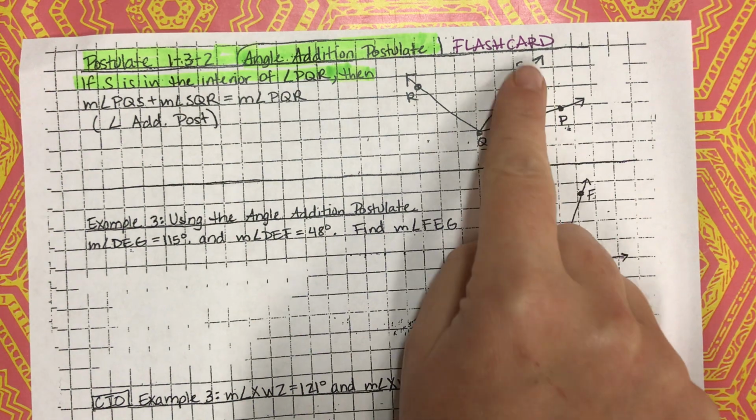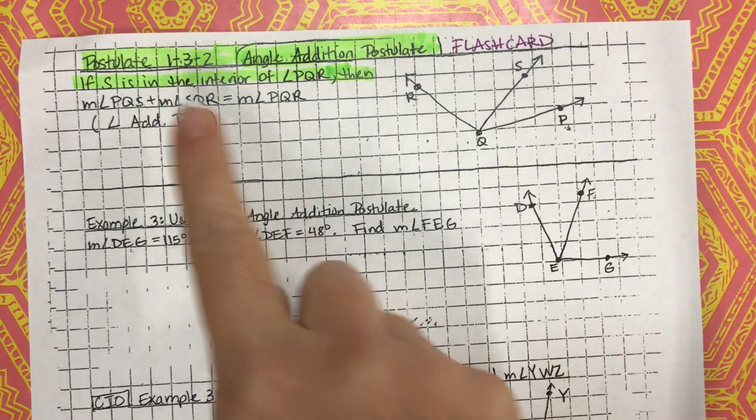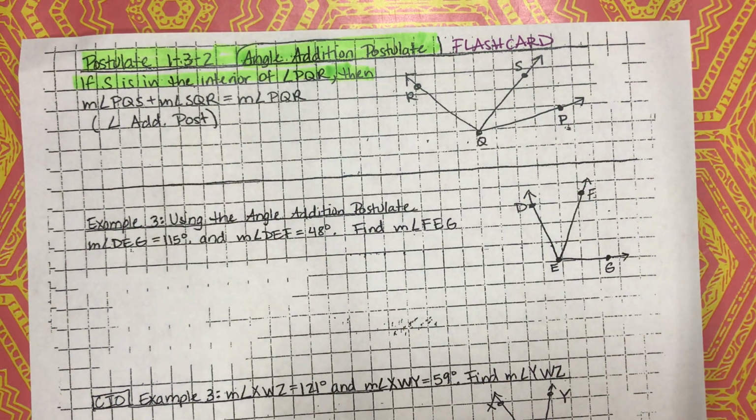So this little piece plus this little piece equals the big angle, and that's called the angle addition postulate.